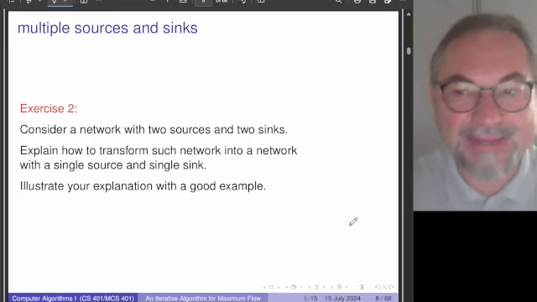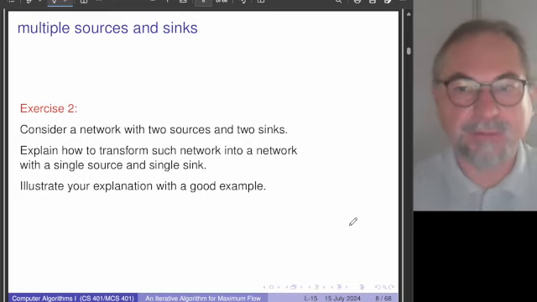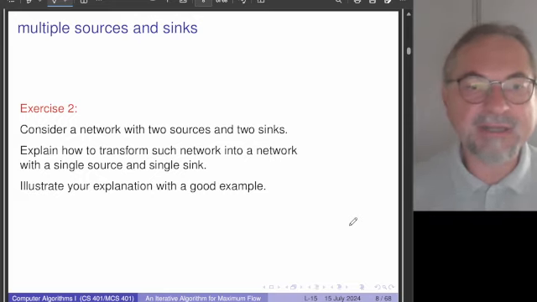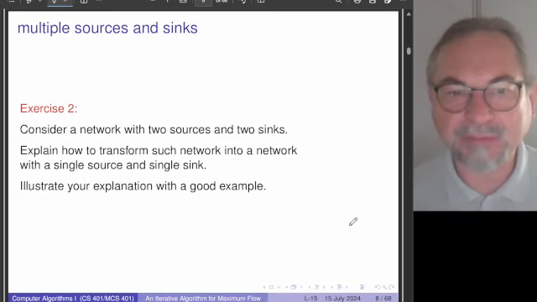So for this exercise, write an example with two sources and two sinks. Figure out some capacities. You can probably recycle some of the previous exercise and explain how you can actually transform the network.